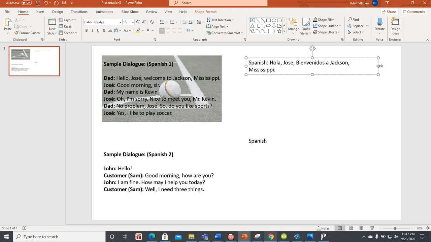Okay. Now, great. So I have one line down, and I need to put who's saying that. So that's Dad. It's not that important. Good morning. Good morning. Okay. So now it's Jose's turn to say good morning. And this is one of our vocabulary words that we have in our Cornell notes.